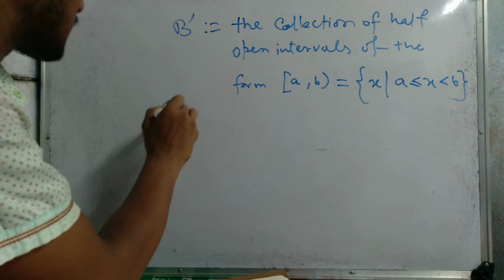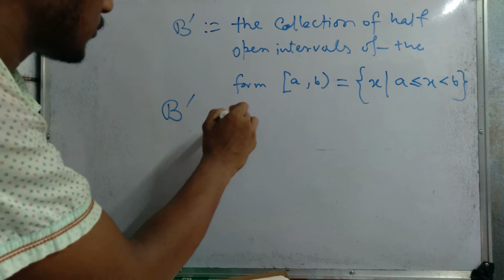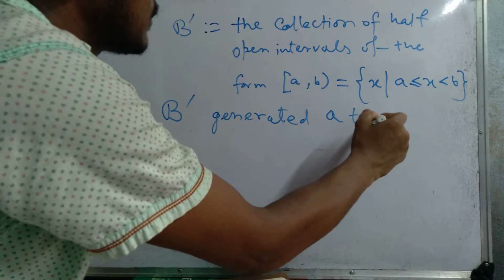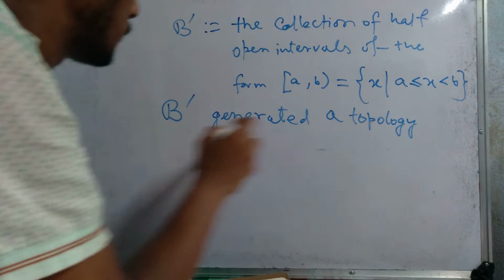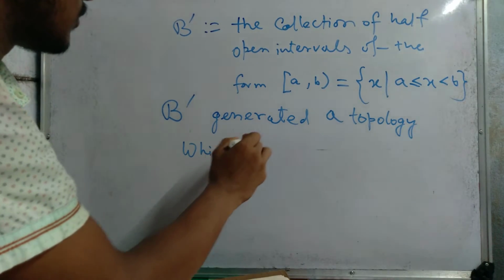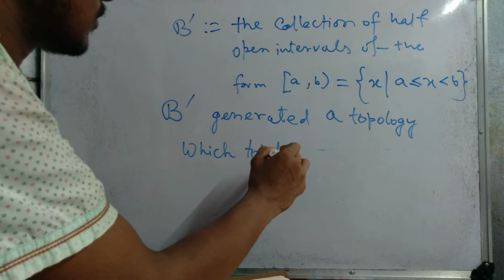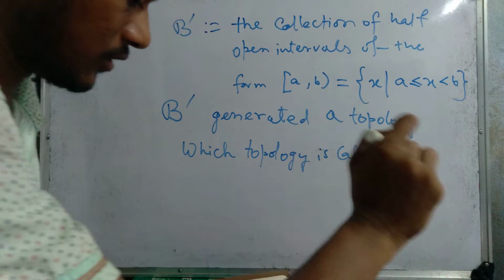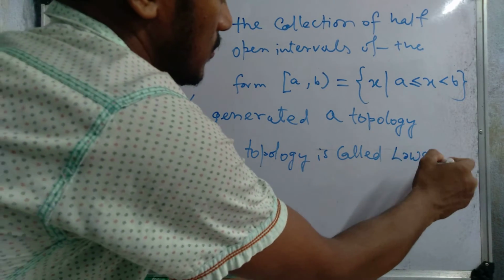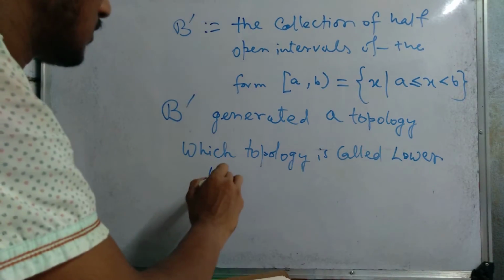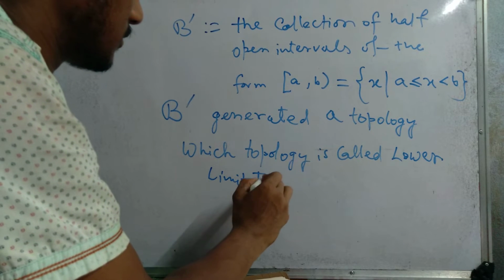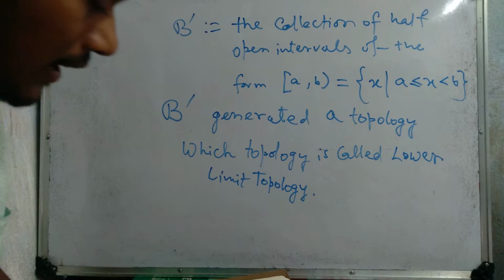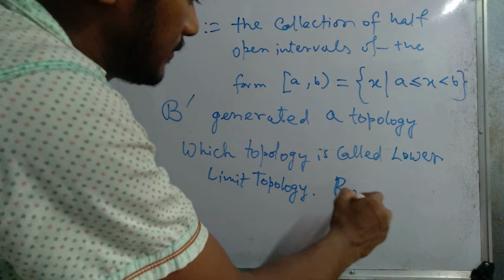This script beta dash generates a topology, which is called the lower limit topology, and it is denoted by R_L.